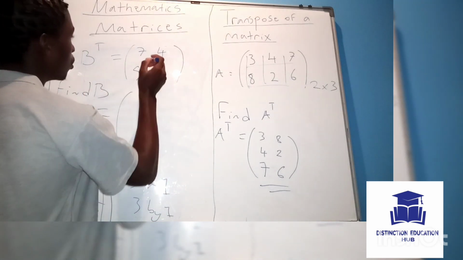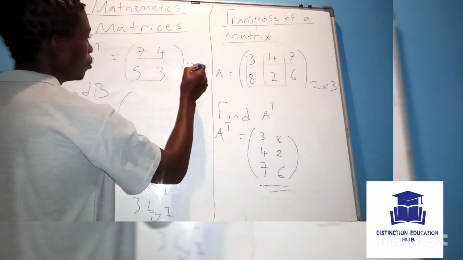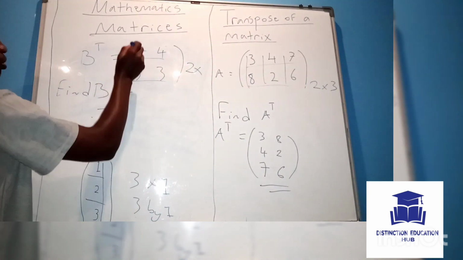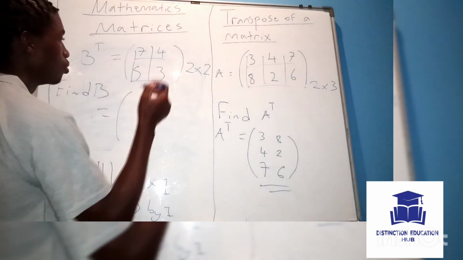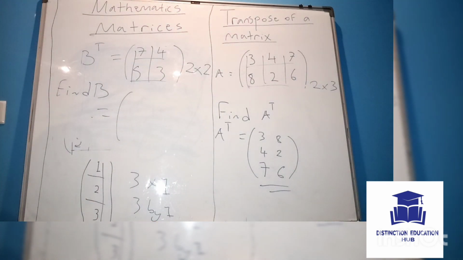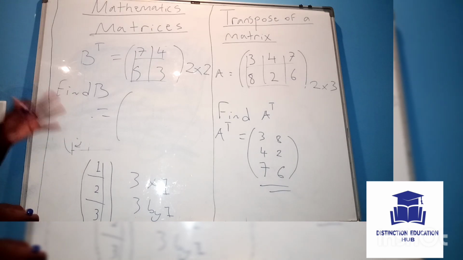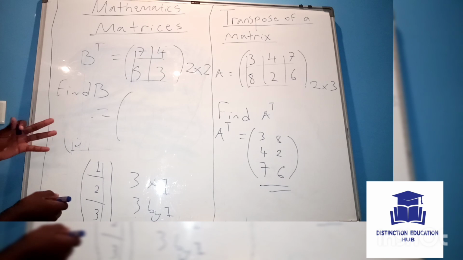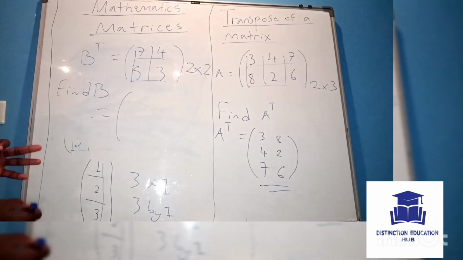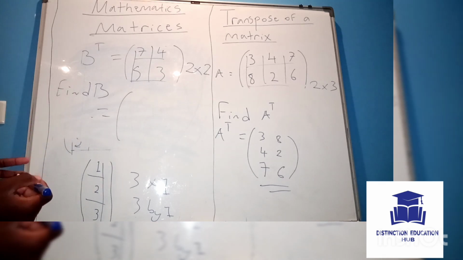So how many rows? We've got 1, 2 rows. And how many columns? We've got 1, 2. We've got 2 columns. So this is a 2 by 2 matrix. So in order for you to find B, your rows become your columns and your columns become your rows.